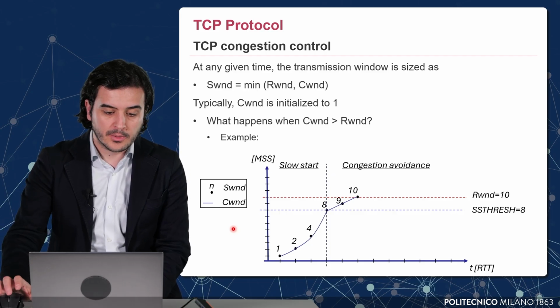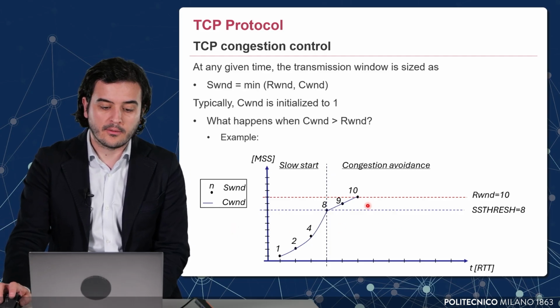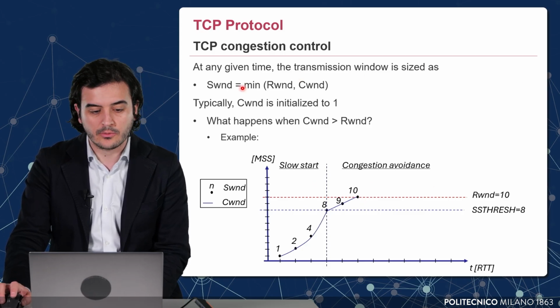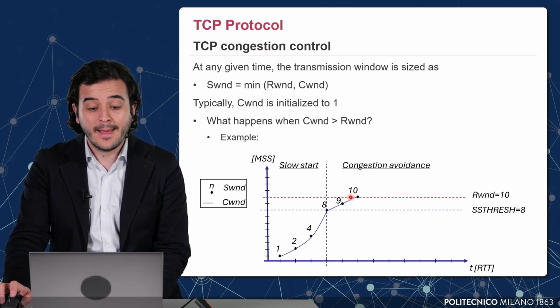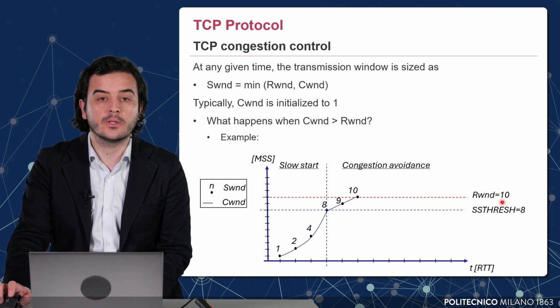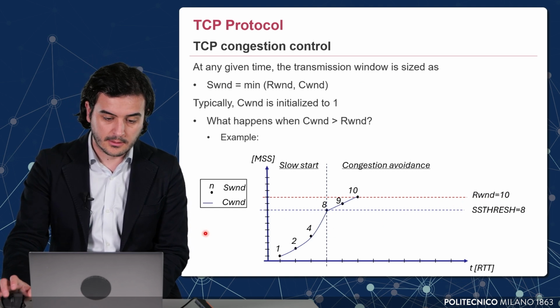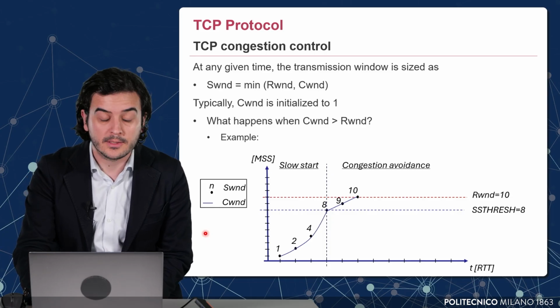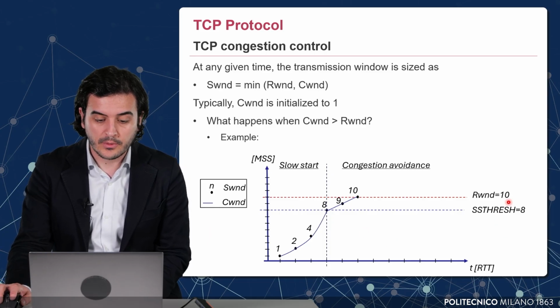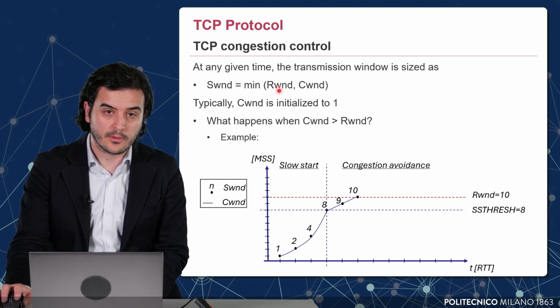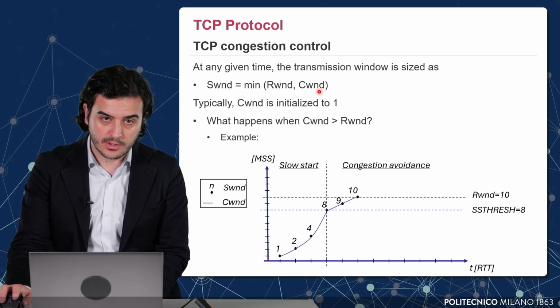However, what happens when the value of the congestion window, or in this case the transmission window SWND, is equal to the receiving window, equal to 10? In this case, it is limited to the value of the receiving window. This is because the transmission window depends on both the receiving window and the congestion window.